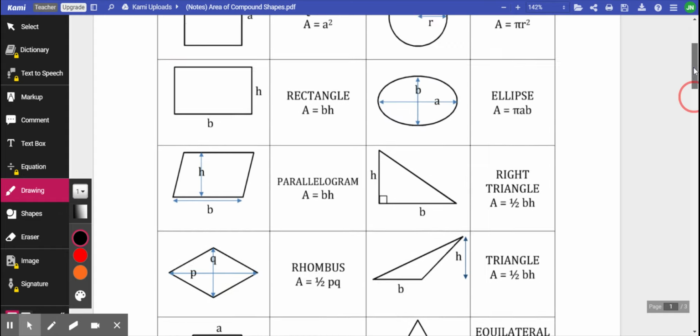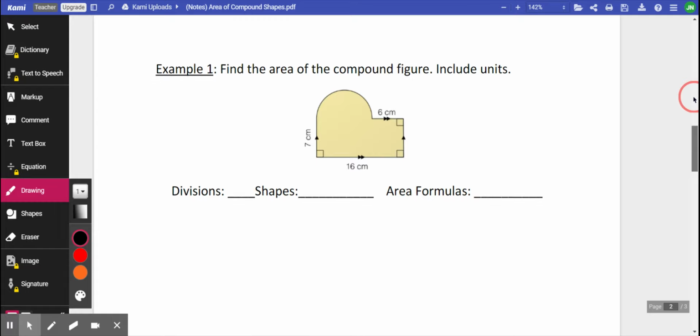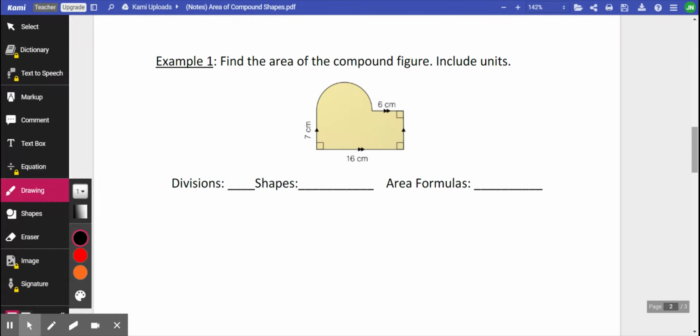Okay, now that we remember the formulas we're going to be using, to find the area of compound shapes we basically have something that looks like this, in which you're going to have to chop it up or divide it into other shapes that you are familiar with. There's no right or wrong way of doing this. As long as you divide it into shapes that you know, you can do it correctly.